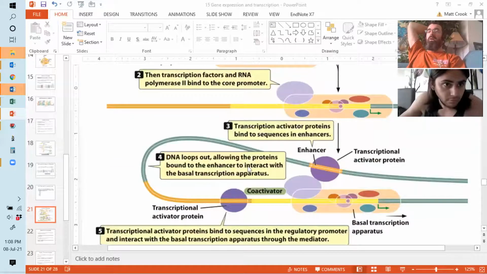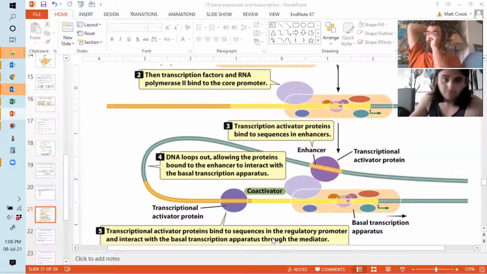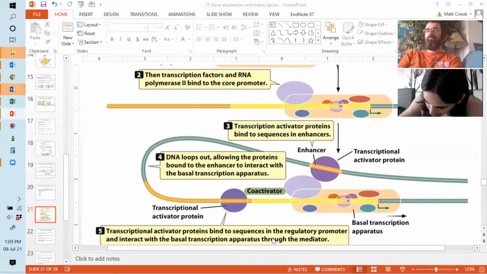And that's done by the interaction of other proteins, those transcriptional activator proteins, with the mediator. And quite typically that involves bending the DNA so that proteins bound elsewhere to it, for example, over here, are able to interact with the mediator.